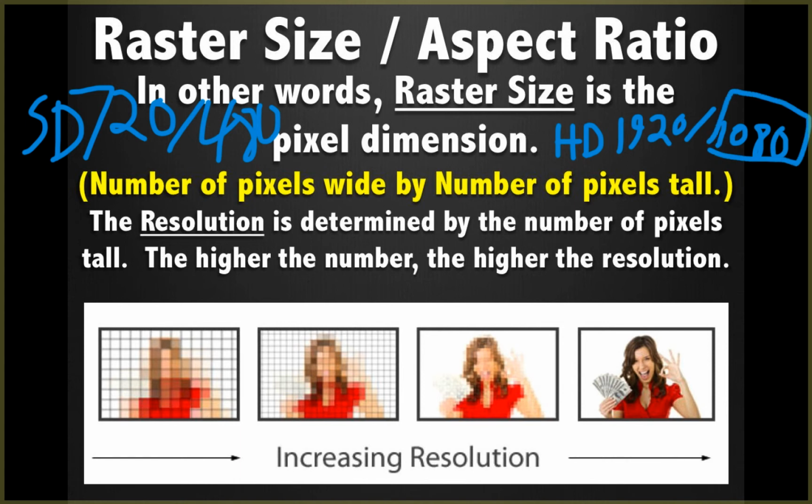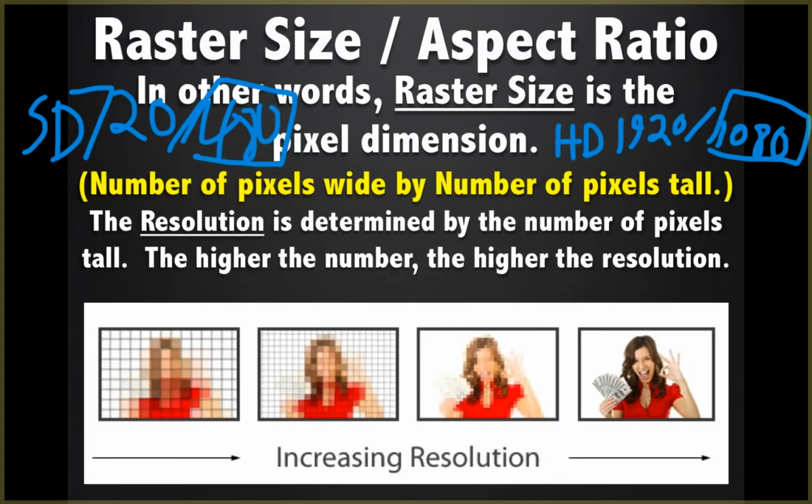That second number is obviously much larger than that 480. Hope this isn't confusing you, or too much junk on the screen. But that second number is what we look at when we're determining that raster size. We're determining what resolution the image is.